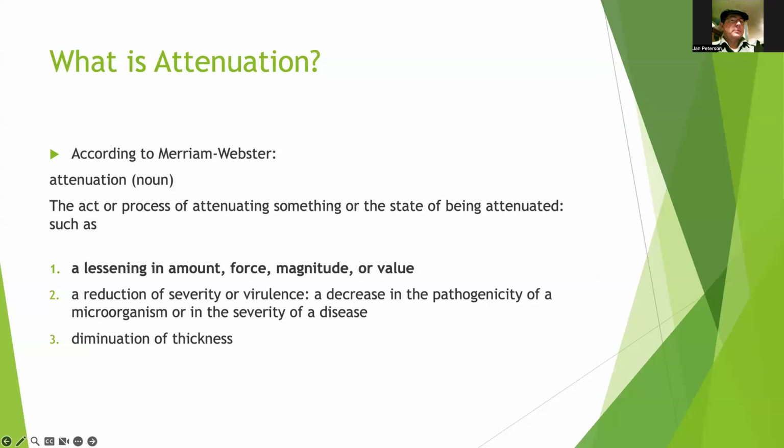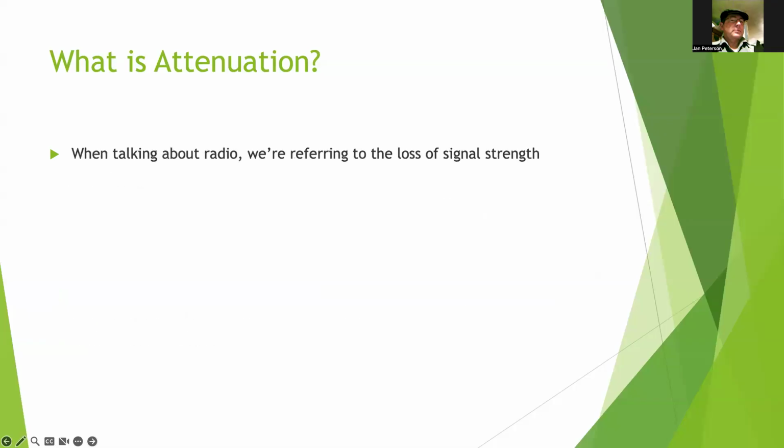The other definition that I looked at had a slimming down as the first definition, and I didn't want to use that because I don't think anybody in here is slimming down. The one we are talking about is a lessening in amount, force, magnitude, or value. So when we're talking about radio, we're talking about lowering or the loss of signal strength.